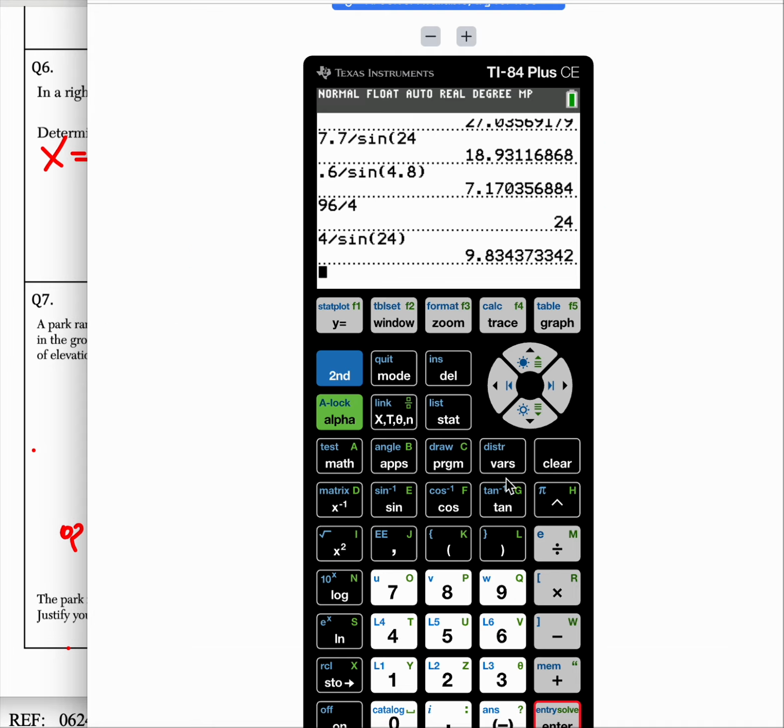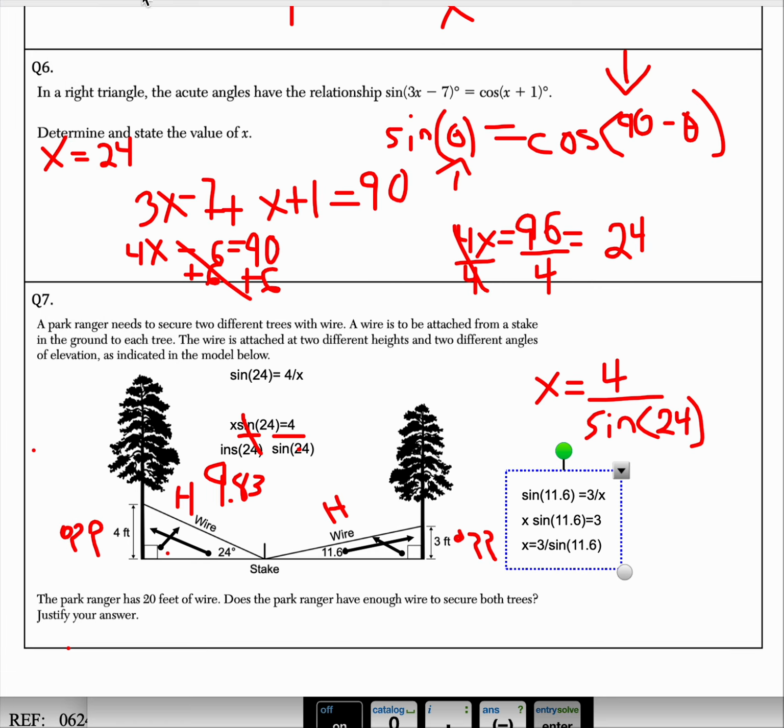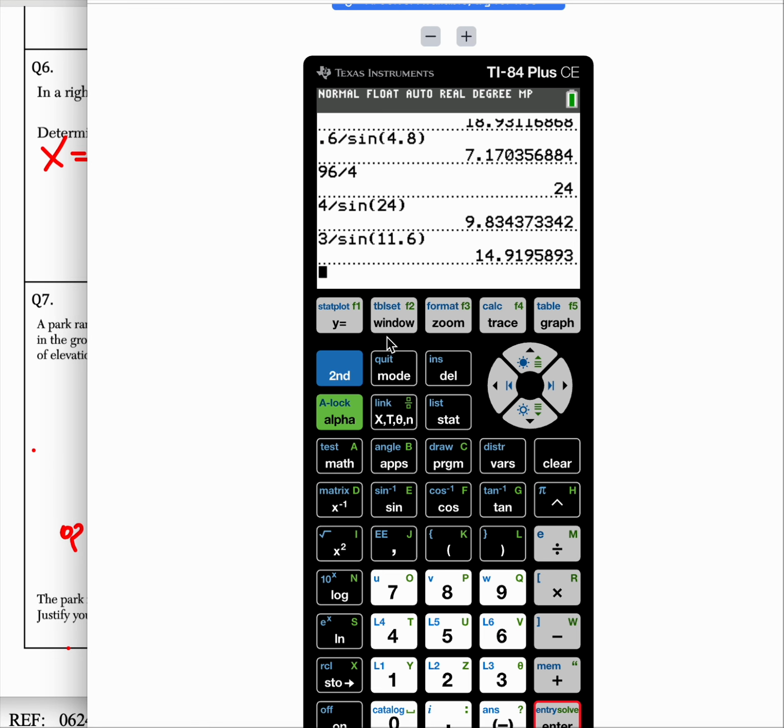Okay, so we have 3 divided by sine 11.6. That's 14.92. Okay, so I'm actually going to put this into one calculation, because I like rounding at the end. Do you have to in this case? You could get away without it, but I like rounding at the end.